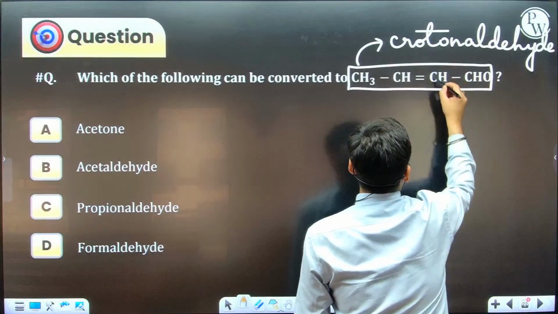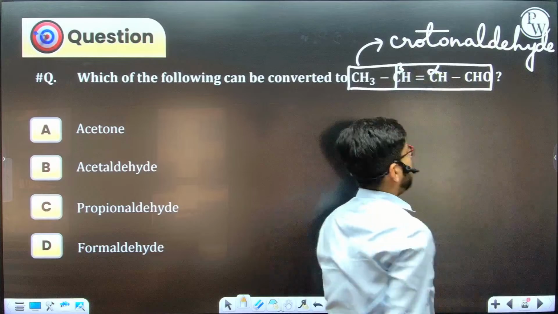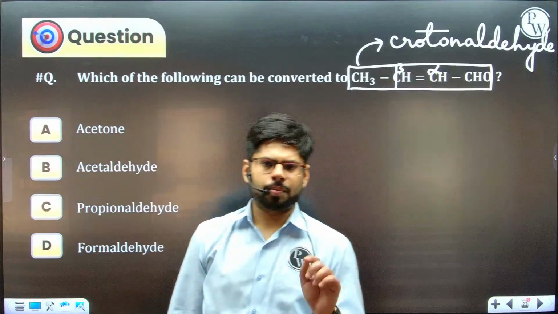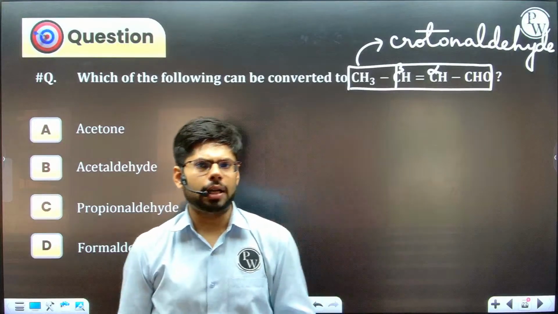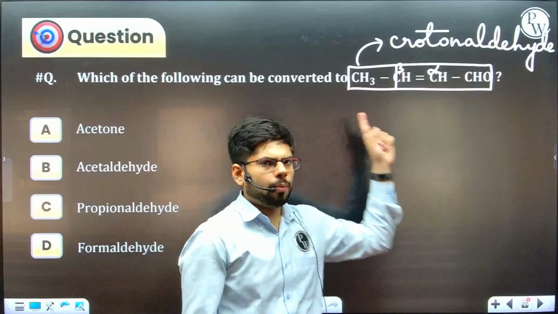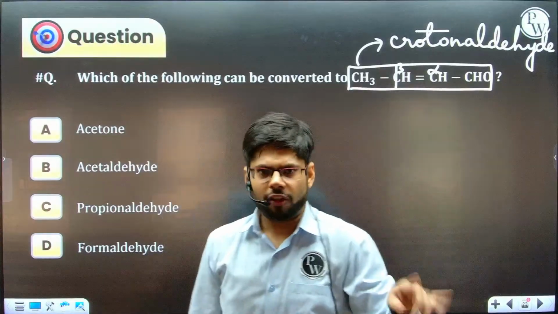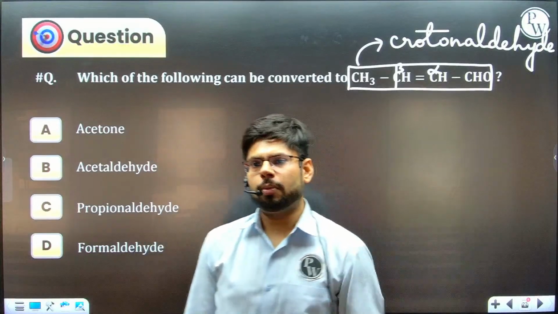Look at this compound. If I ask you to identify alpha carbon, then this is alpha and this is beta. Can I say that this is a compound in which we have a double bond between alpha and beta carbon atoms and the principal functional group is aldehyde? Such a compound is obtained on dehydration of an aldol. What is an aldol? An aldol is a beta hydroxy carbonyl compound.